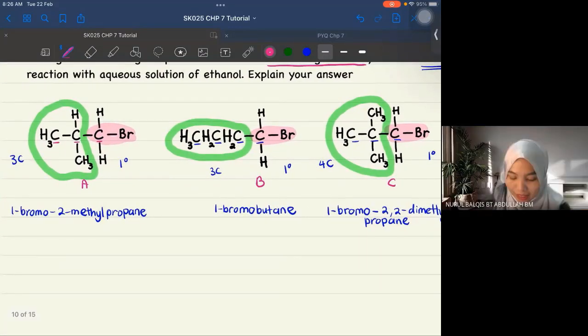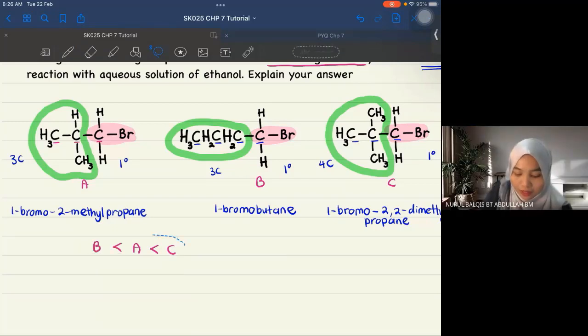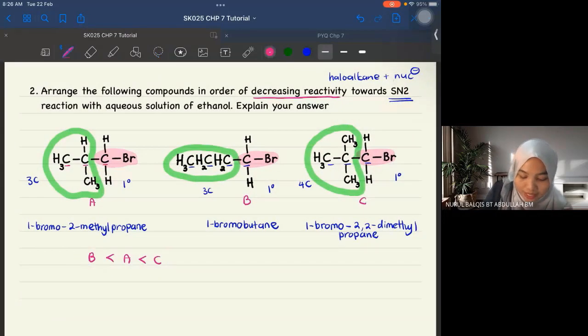C. Lepas tu followed by A and then followed by B. Okay, so kita dapatlah this is our trend for decreasing reactivity towards SN2 mechanism. So buat sikit, decreasing reactivity towards SN2.